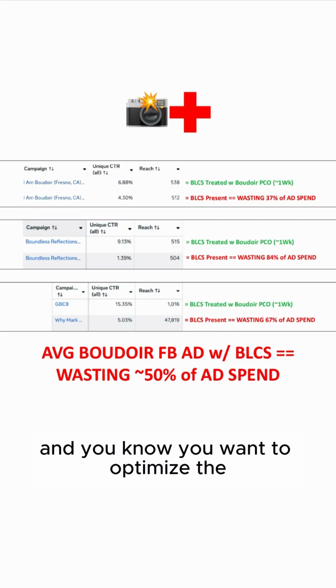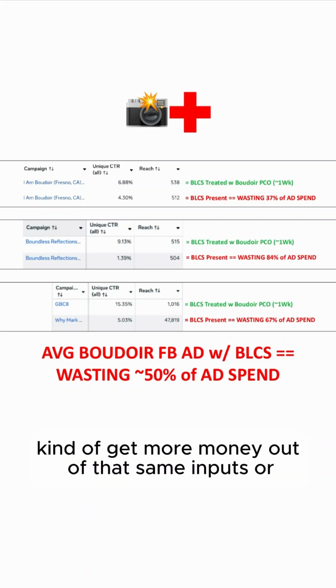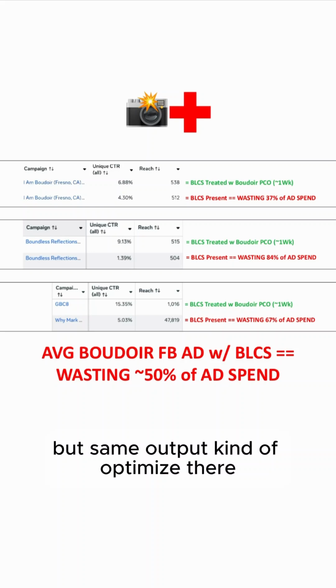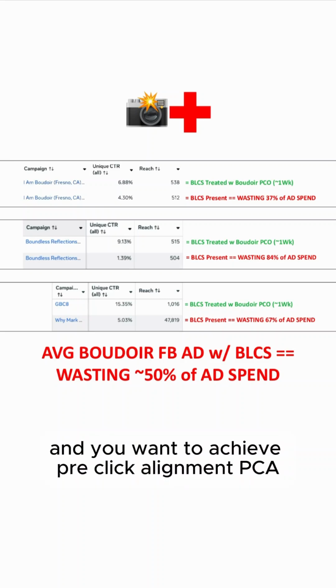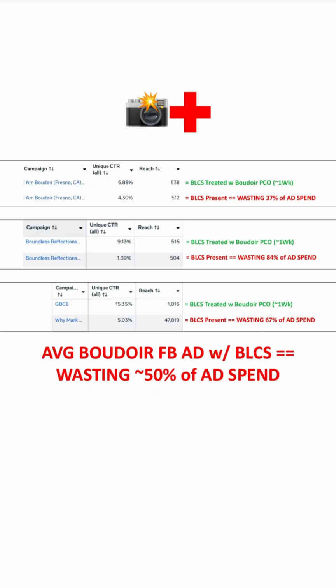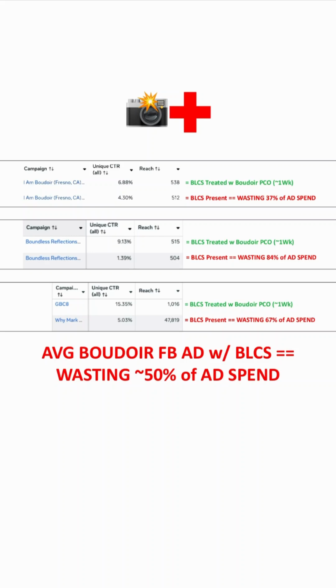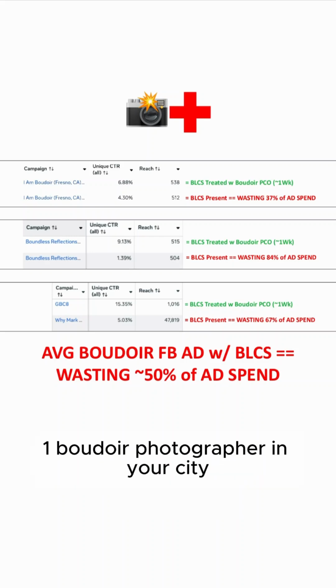And you want to optimize the Facebook ads part of your boudoir business, get more money out of that. Same inputs but more output, or less inputs but same output, kind of optimize there. And you want to achieve pre-click alignment, PCA, become a dominant boudoir advertiser, and have boudoir brain entry boost in your boudoir Facebook ads, because you know you need that on your way to become the number one boudoir photographer in your city.